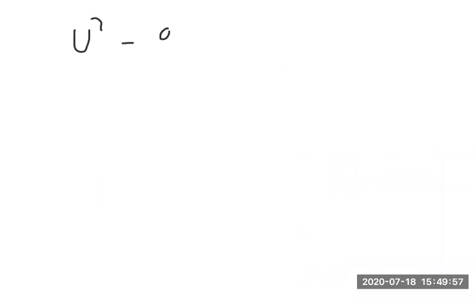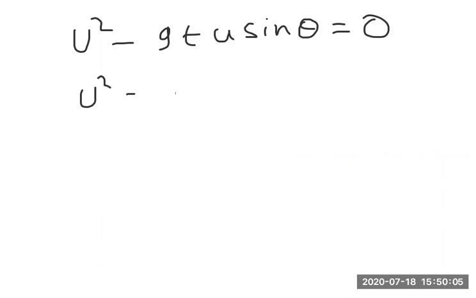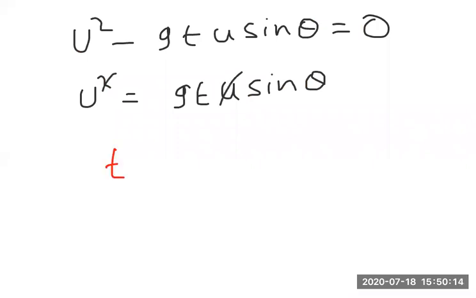u square minus gt into u into sin theta is equal to 0. Okay, fine. u square is equal to gt u sin theta, if minus gt is taken to the other side. Here u is cancelled. Finally, I can write t is equal to u by g sin theta.